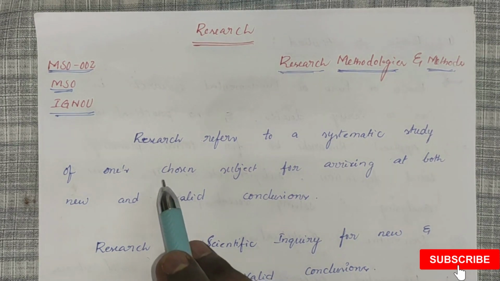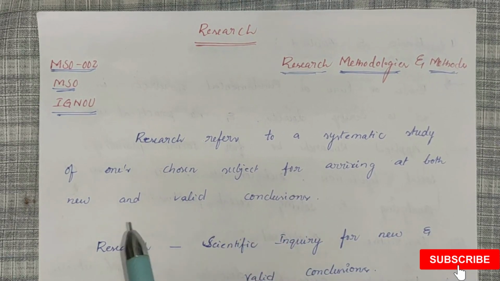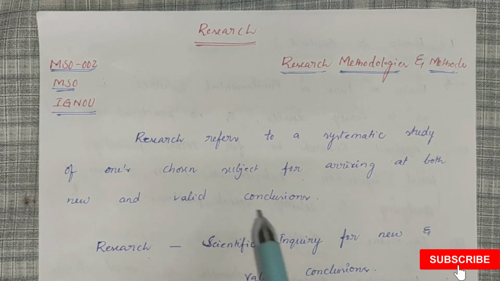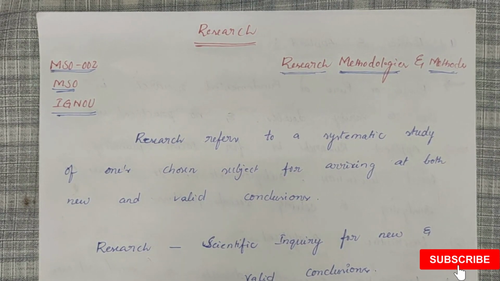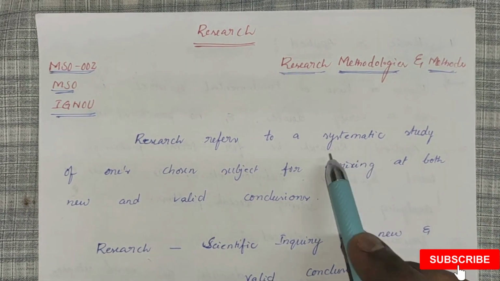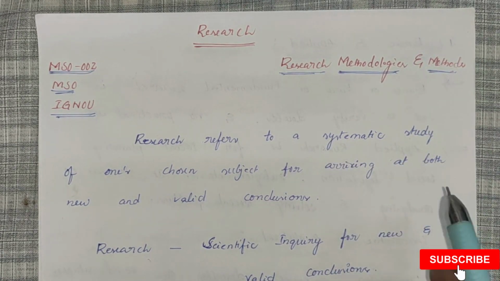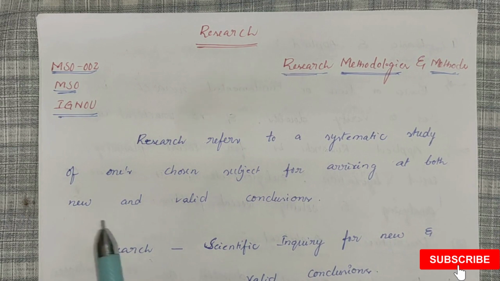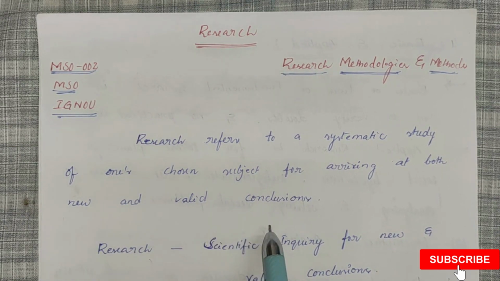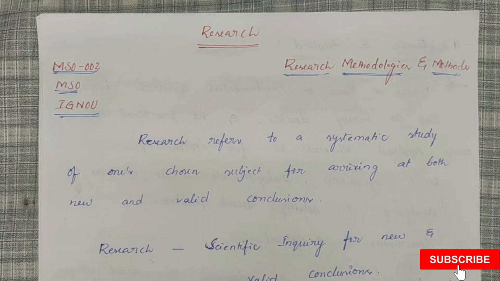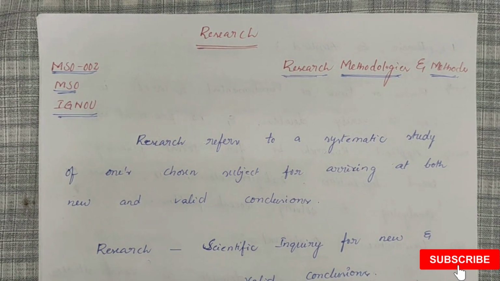Research refers to a systematic study of one's chosen subject for arriving at both new and valid conclusions. It's a systematic study to inquire new and valid conclusions. Some conclusions are already developed, some theories are already developed, some hypotheses are already developed.